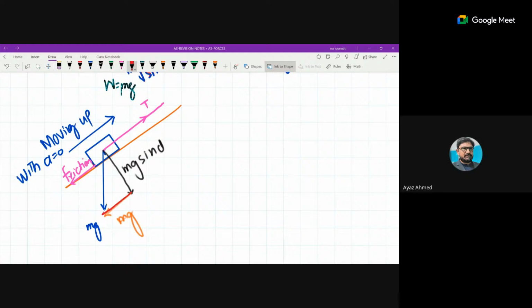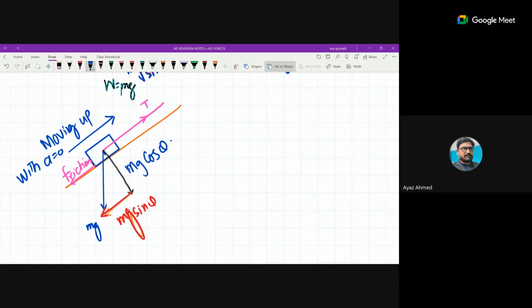This component is actually your mg cos theta. So I'm just writing it in this way. It is your mg cos theta.